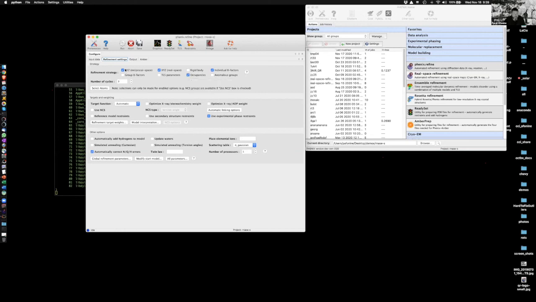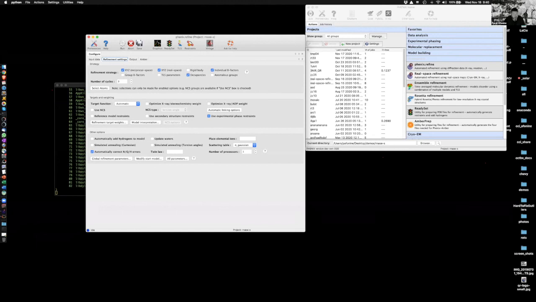For reciprocal space, coordinate refinement is going to refine all the coordinates, and for real space, it's going to fit side chain rotamers only. Now you have extra options here, which I will talk about in a minute. I'll run refinement just to save time, and then I will talk more about these options.